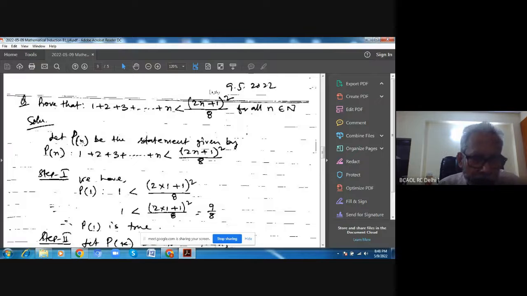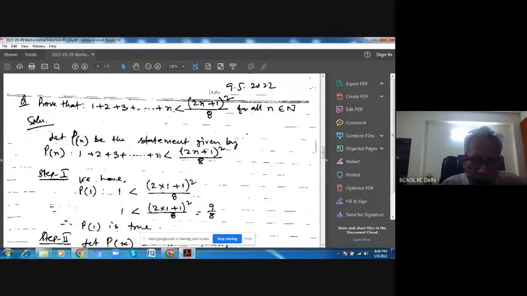As usual, Pn be the statement given by, so we have to see Pn, 1 plus 2 plus 3 in this part. So here I have to change it. So we have P1, always you have to change it first. In the first step we are changing to 1 only.